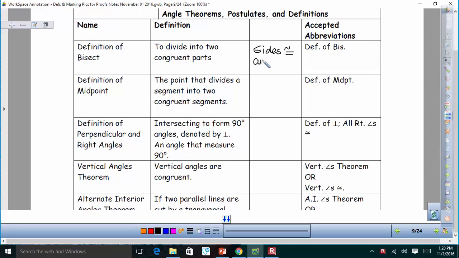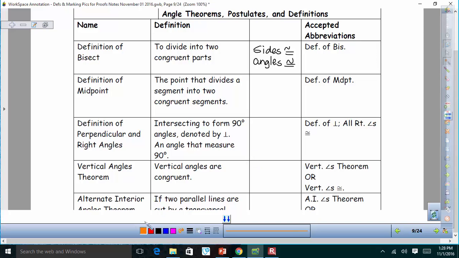Angles. So we'll have to look and see if it's talking about sides or angles that are being bisected, okay? And the appropriate abbreviation, because I will let you abbreviate when we're doing proofs, is definition of bisect, okay?